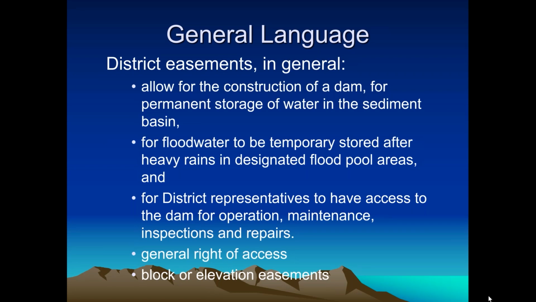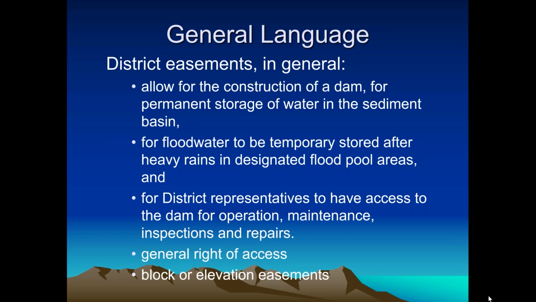One of those is that the easement allows for the construction of the water retention structure. It allows for permanent storage of water in the sediment basin. It allows for temporary storage of heavy rains or floodwaters. And then it also allows for access to the dam and for the operation, maintenance, and inspection. And in Oklahoma, operation and maintenance also includes repairs.